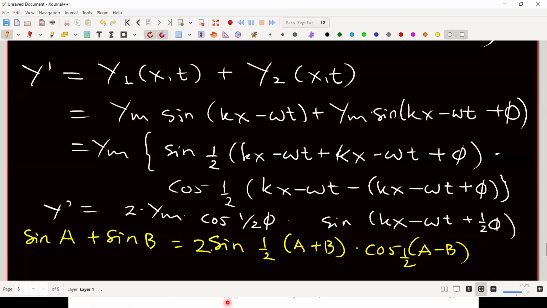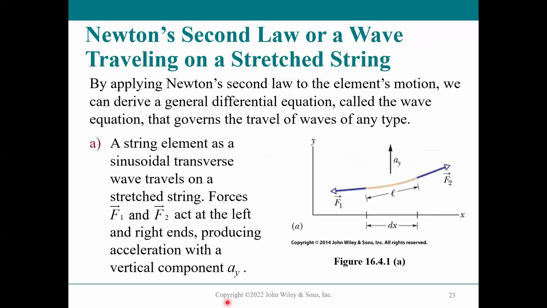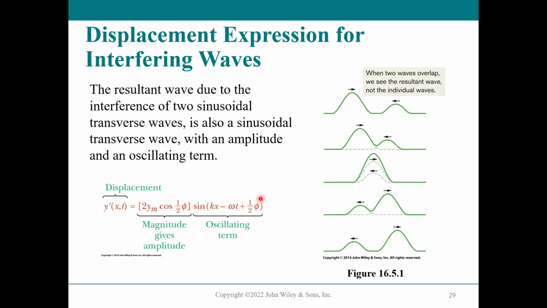This one is called the magnitude, which gives the amplitude, and this one is the oscillating term. It is the expression for interfering waves. So when two waves overlap, we see the resultant wave, not the individual waves.